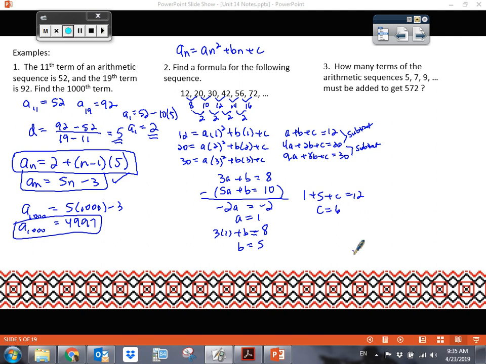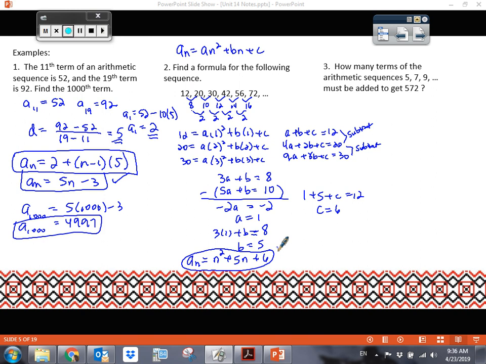So now I have all the information that I need to write my nth term. It's going to be in this format right here. So a sub n is going to be, let's see, my a was 1, so n squared. B is 5, so plus 5n, and c was 6, plus 6. And that gives me my formula for this sequence.